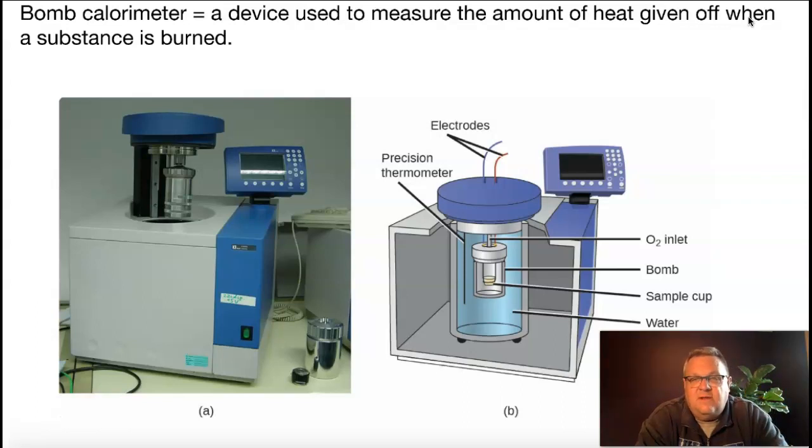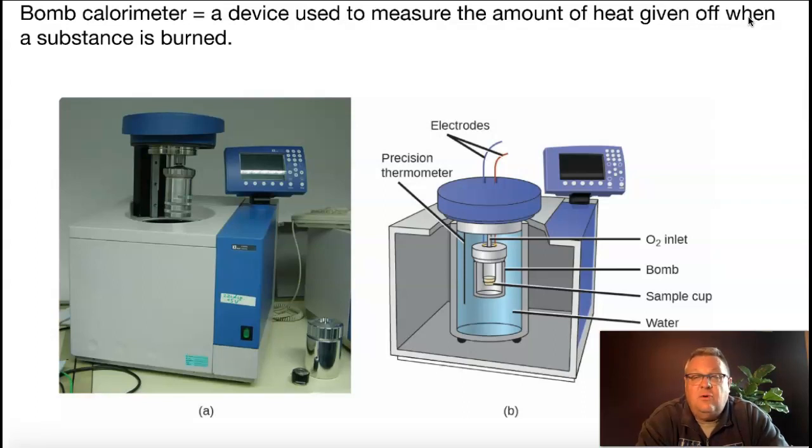and then put that Snickers bar in that sample cup, and then fill that jar, that bomb, shown in figure B, with pure oxygen. And you would have a way of igniting the Snickers bar. You wrap it with ignition wire and attach it to 2 electrodes, which are attached to a battery.